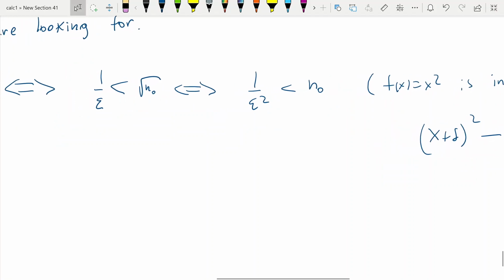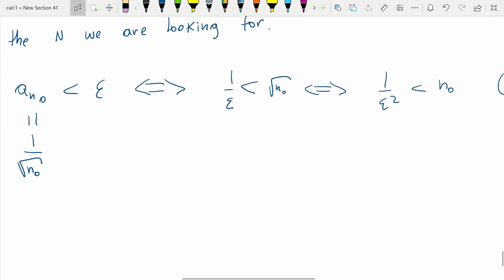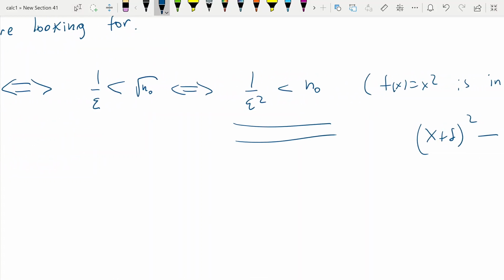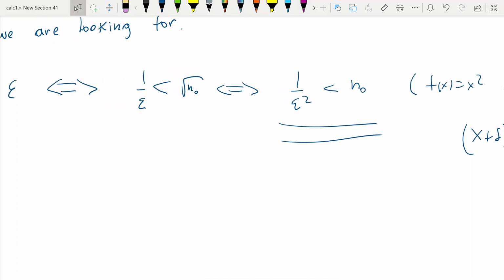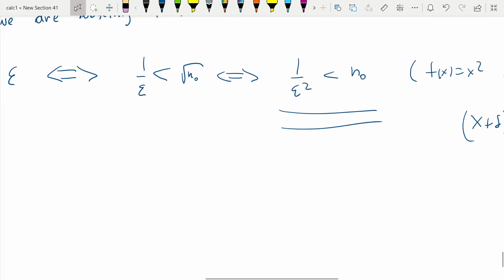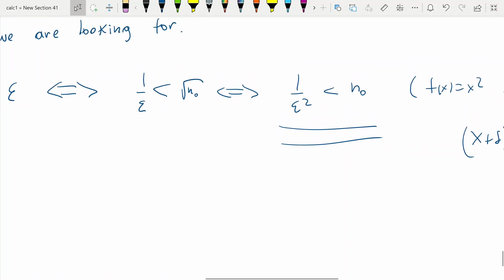Okay, so now we reduce everything to finding an n0 such that this thing holds. Remember, epsilon can be arbitrarily small. So how do we know that there is one? We're not going to find exclusively an n0, but we can know for sure that there's one n0. Why? Do you remember? Yes, it is the Archimedean property.